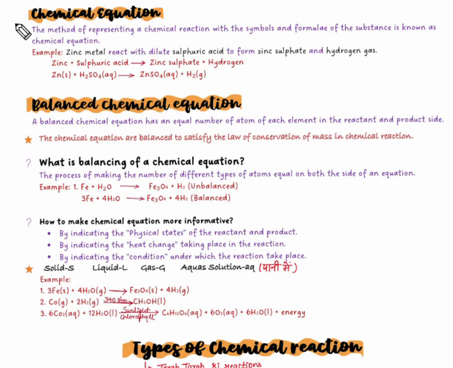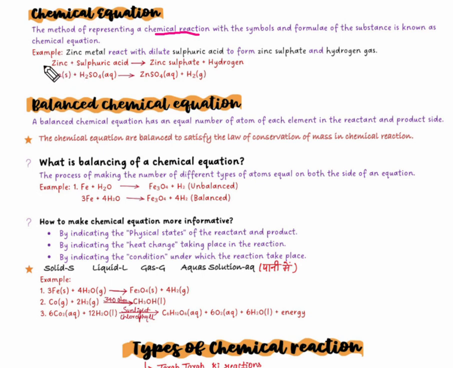See, the method of representing a chemical reaction with the symbols and formulas of substances is known as a chemical equation. For example, consider the reaction between zinc metal and dilute sulfuric acid to form zinc sulfate and hydrogen gas.